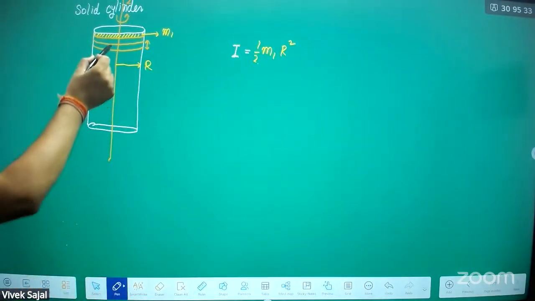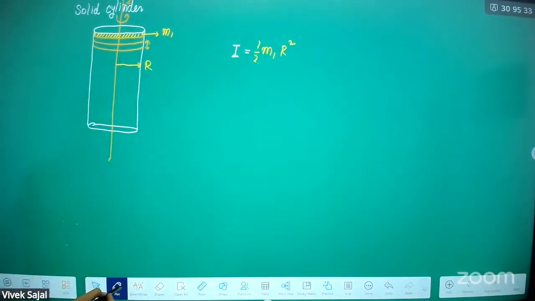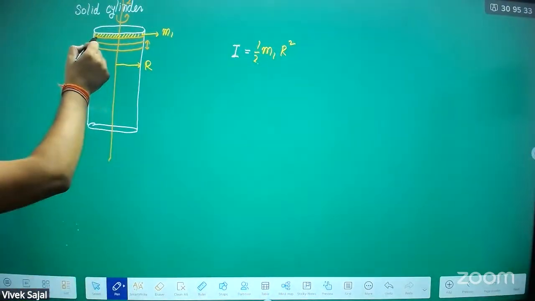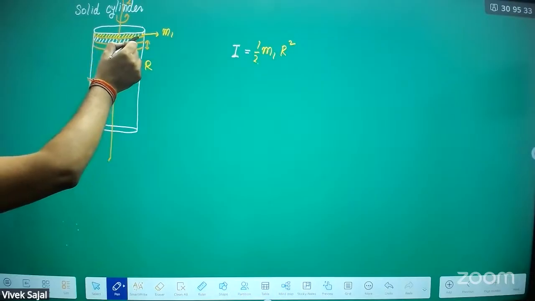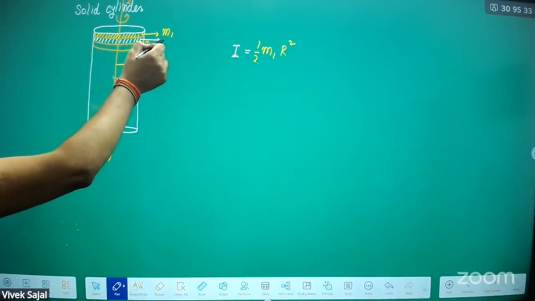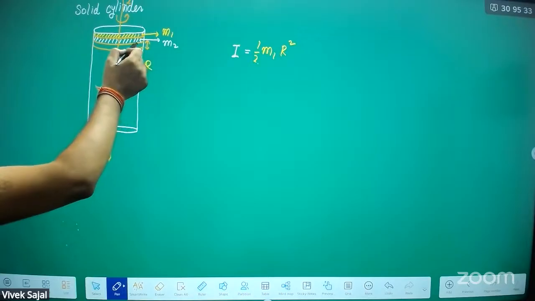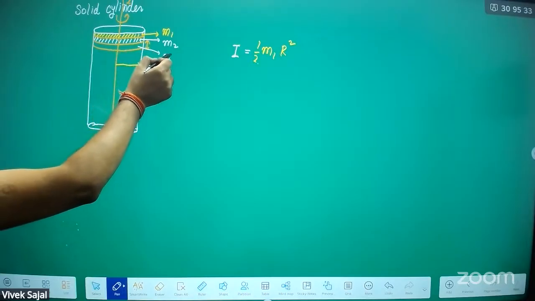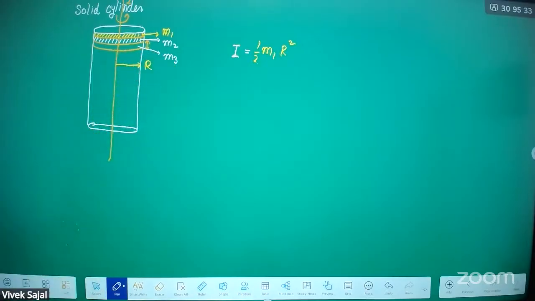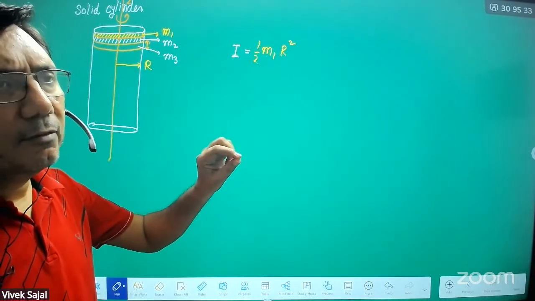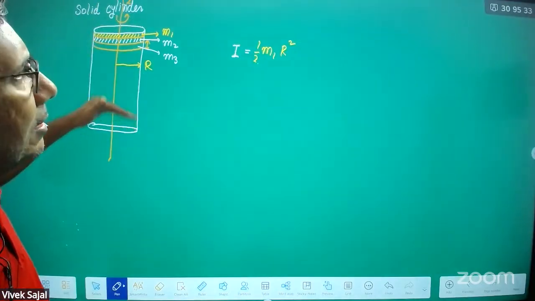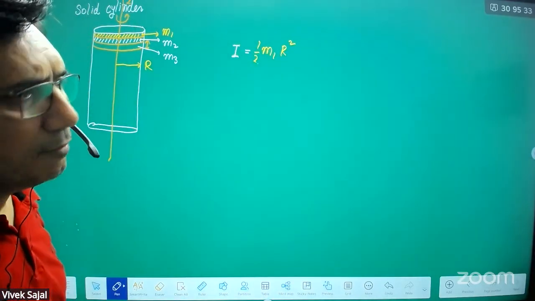Now consider the second disc. Suppose its mass is m2. For the third, it will be m3. For all the discs, the height is negligible, that's why I'm saying they are infinite in number, a very, very large number.